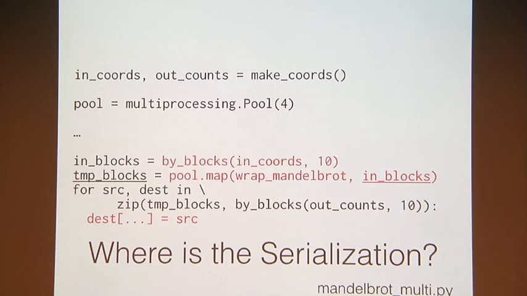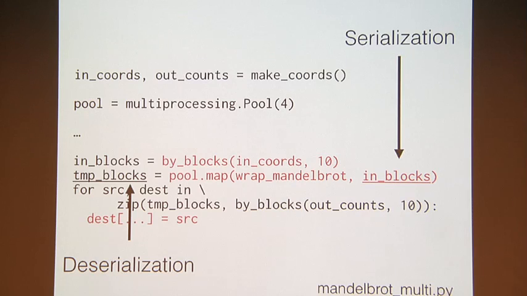Okay, question, where is the serialization happening here? What is being serialized? Yeah, so right here. There's serialization when I send those blocks out, right? I've got blocks of coordinates, of complex values in the array.